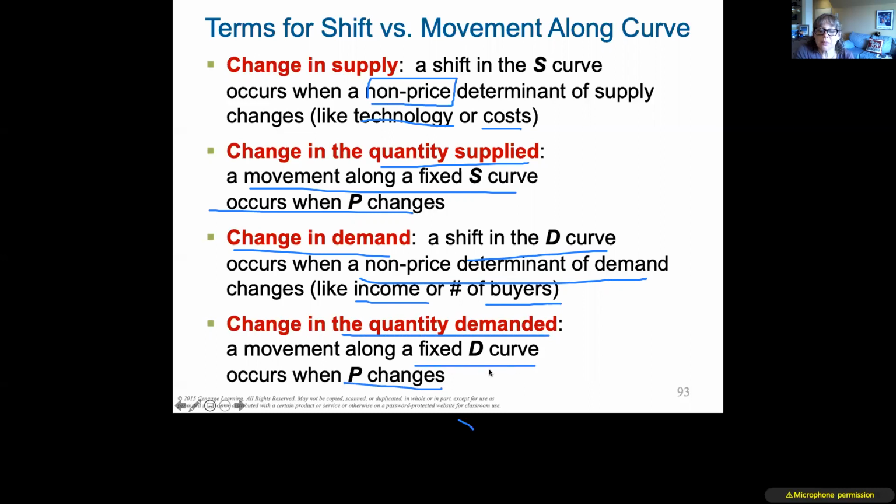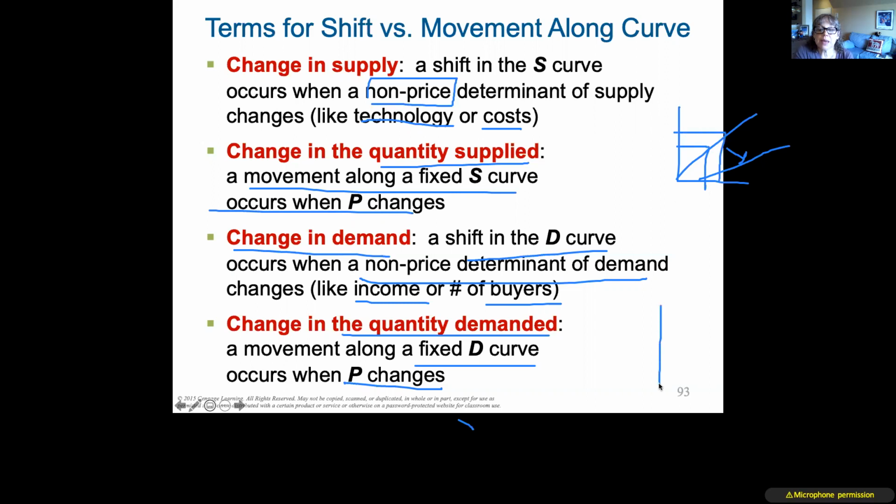So let me say this again because I got us all confused. Change in supply. You actually are going to shift the supply curve, right? Non-price determinants. A change in quantity supplied just means I was here and now I'm here. Same curve.